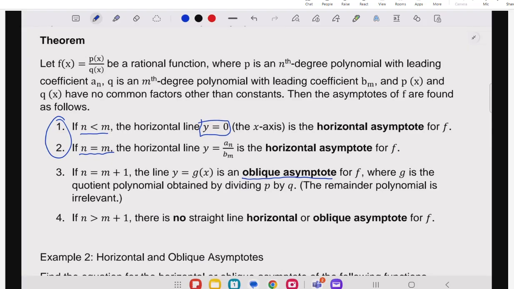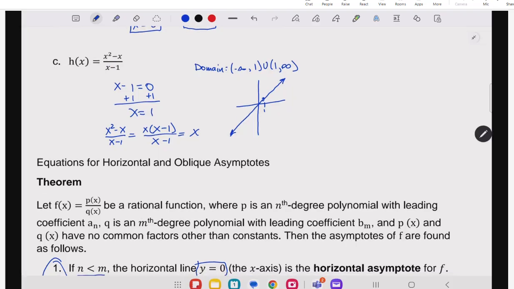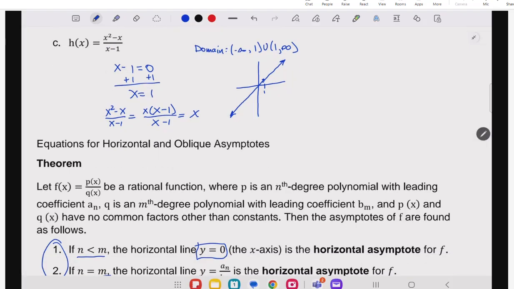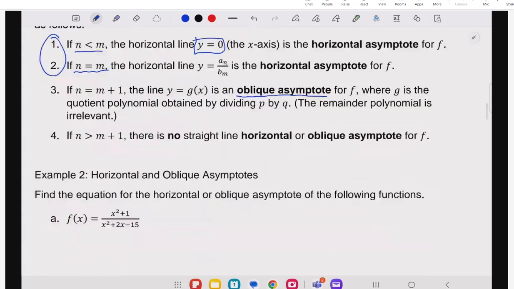And I think we had that one here. So this is a 2 and this is a 1. So it is 1 more than the bottom. So this one would have an oblique asymptote. And I'm kind of lying there because when we reduce that, it does not have an oblique asymptote, but it did make a diagonal line.